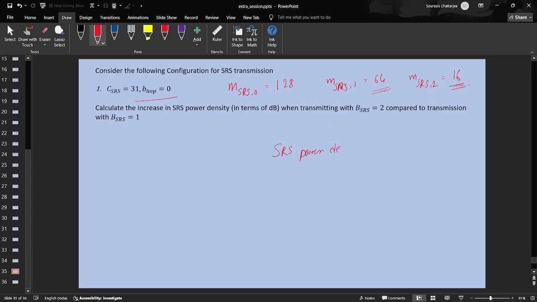It's 10 log base 10 of 4, right? Because I am sounding 4 times less bandwidth. So essentially my power is more concentrated, 4 times more concentrated in BSRS 2 compared to BSRS 1, and that is a 6 dB improvement.